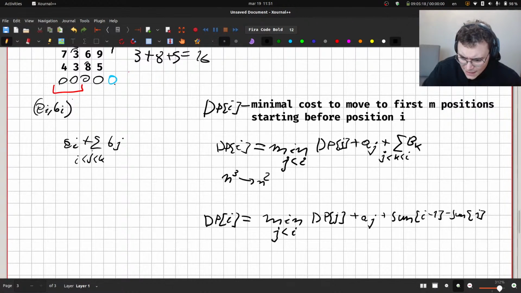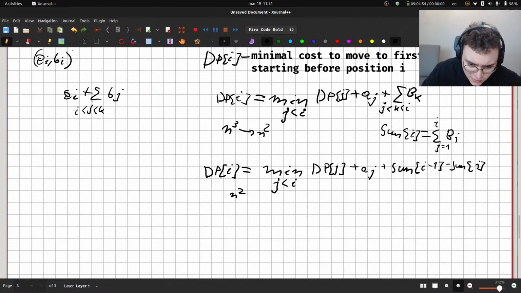Here the sum from I means the sum of bj for j equal to 1 to I. Those are just prefix sums. So now we have n squared.